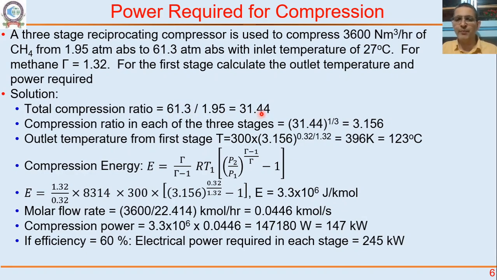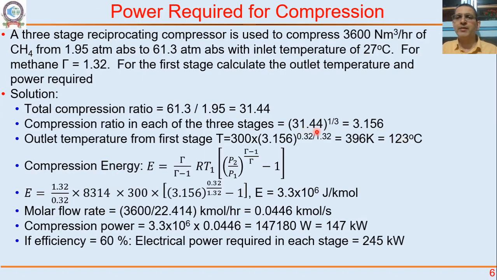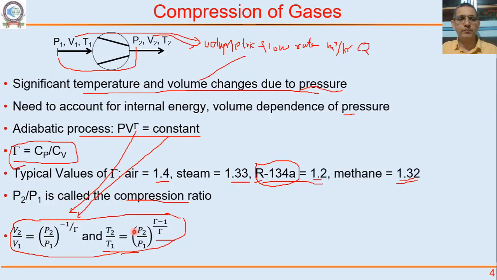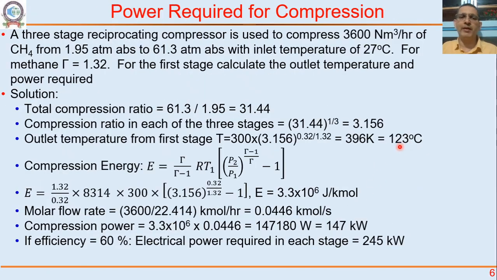That is the total compression ratio between here to here. In each stage we want equal, so cube root of 31.33. That means in each stage we would want a compression ratio of 3.156. So outlet temperature from first stage, again we can use this formula and calculate. Outlet temperature from first stage would be 123 degrees centigrade.